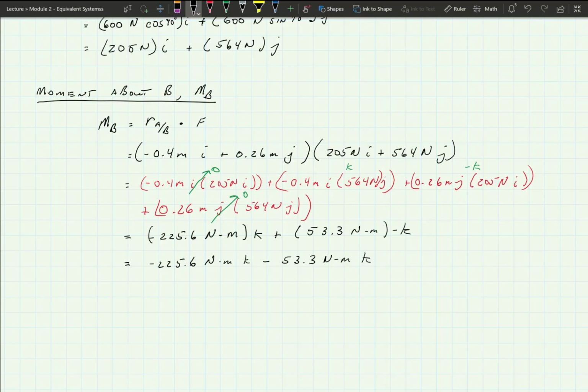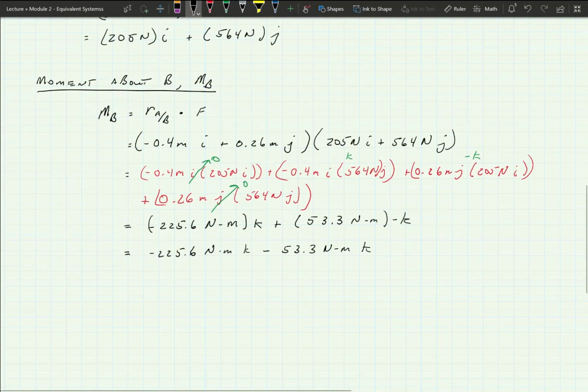So everything turns out to be a moment about K. Well, remember what that moment is. That's going to be about this axis, like this, and that's K. And K is on the Z plane.